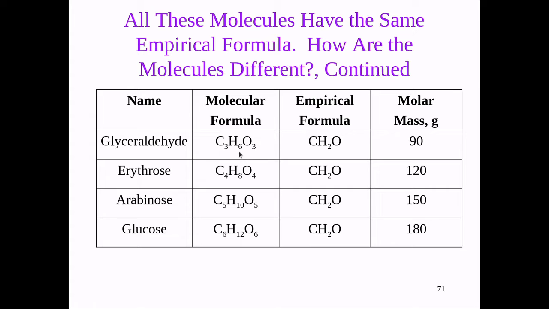And that's the factor that we need to multiply these subscripts by to get the correct subscripts for the molecular formula. Similarly, if we took 180 and divided it by that 30 grams per mole, we'd get 6, which is what we need to multiply these subscripts by to get our molecular formula here.